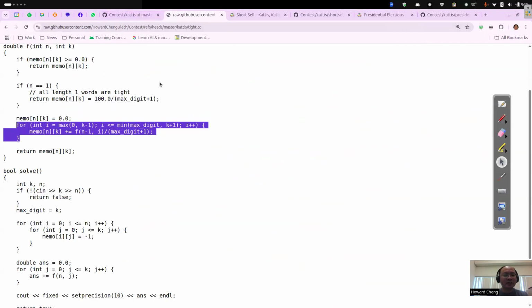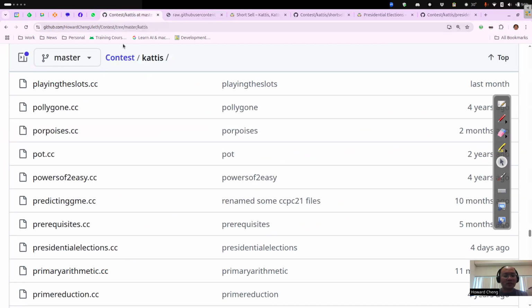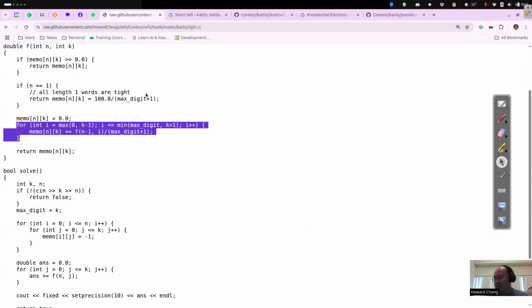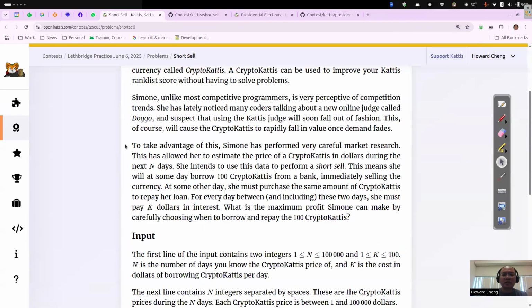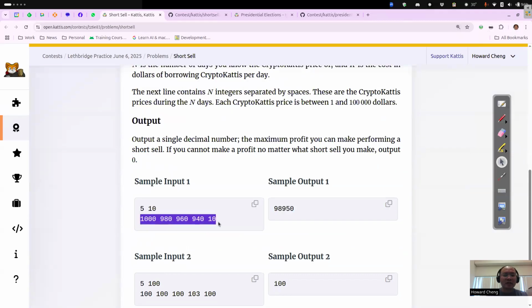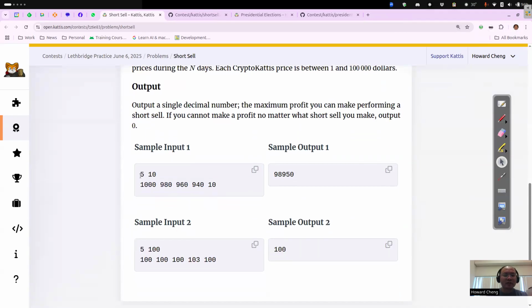This definitely is not the easiest problem, but I do think it is a good practice. Okay, short sell. Again, I assume that you've read the problem, so I'm not going to say too much more. Basically, you have a bunch of prices, 5 of them in this case. So the first number is how many prices you have. And then at each day, you can decide to sell something that you don't have by borrowing it, and then buy it back later.